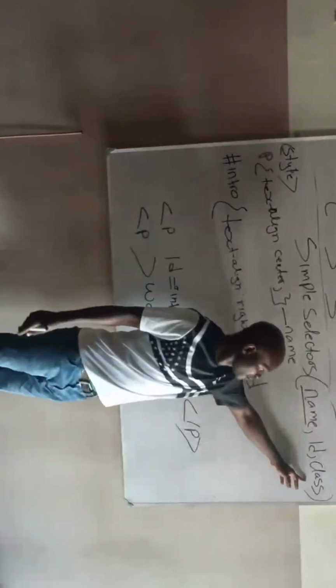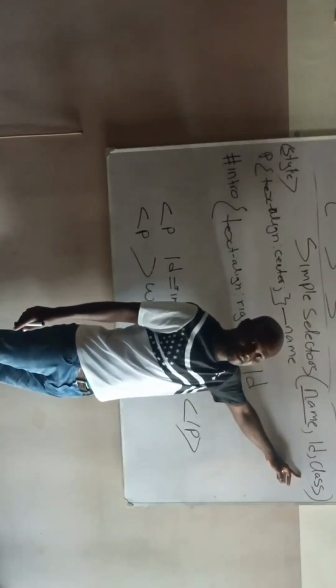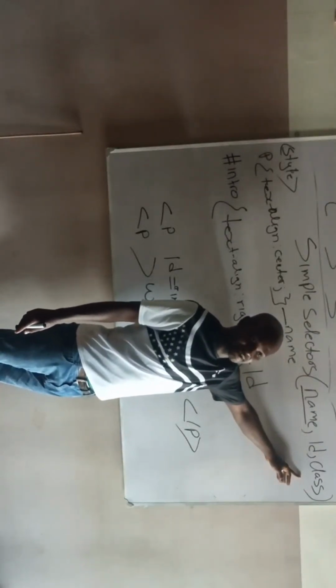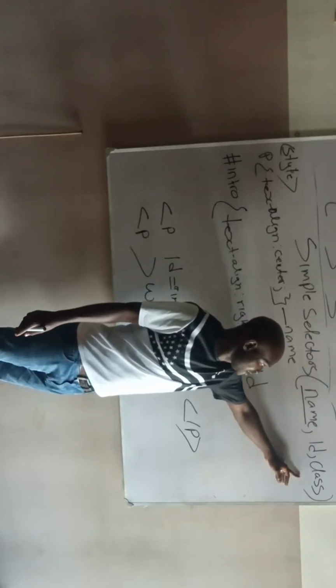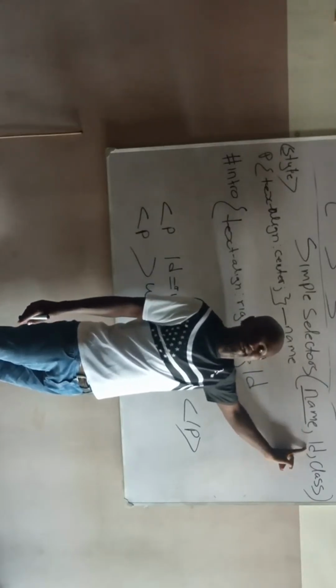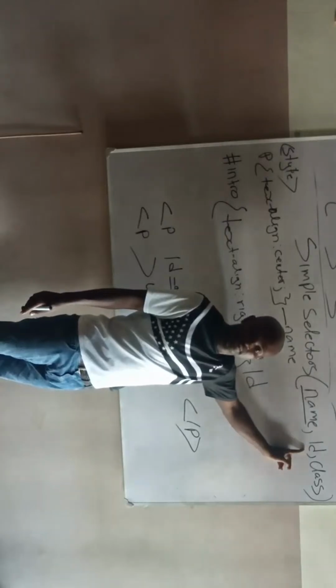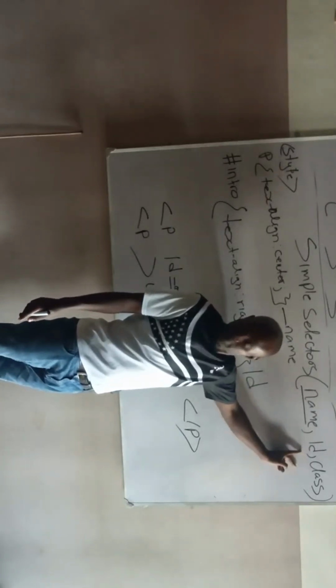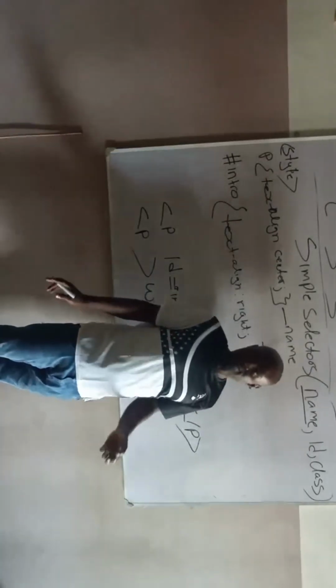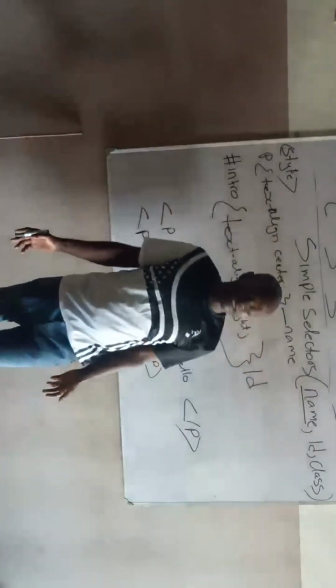But if I walk into this class and say JS1 001, stand up, only 001 will stand up. Do you understand that?